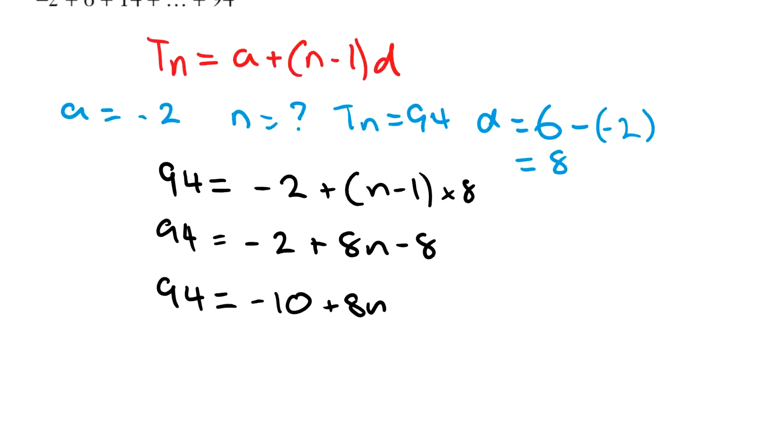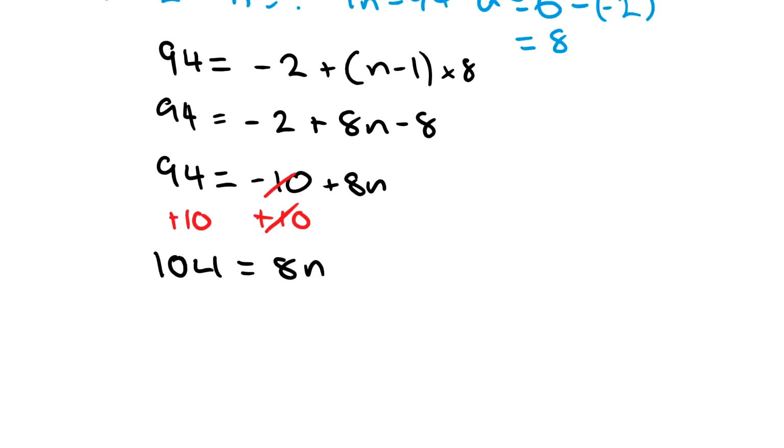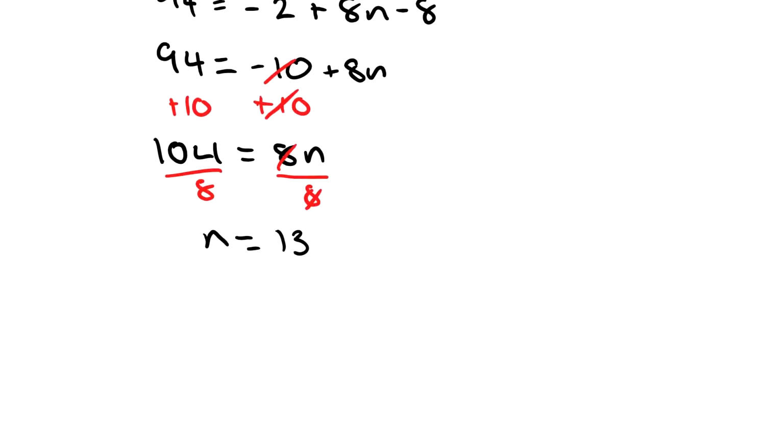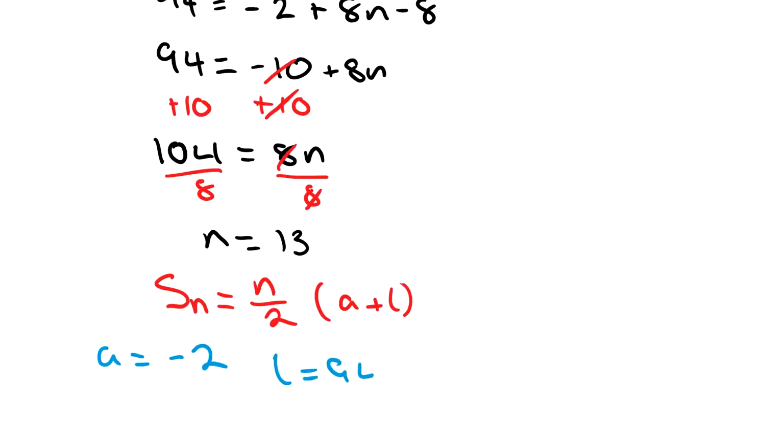And then we solve it like a regular equation. Remember, a was -2, l was 94, and n we found to be 13.